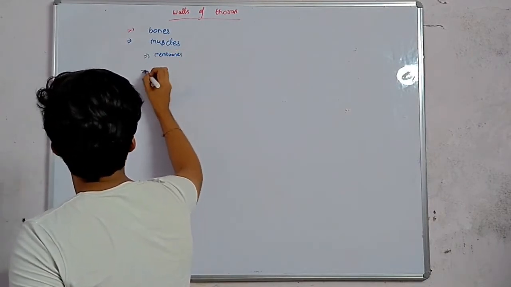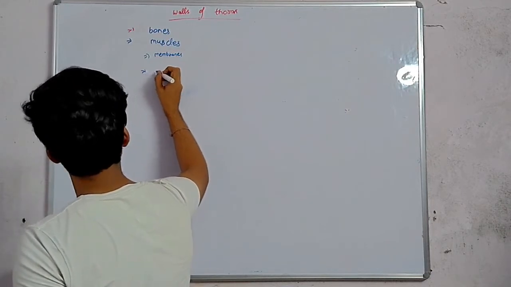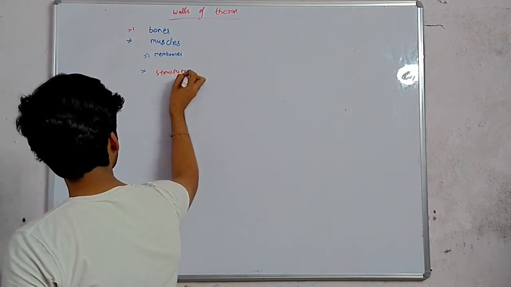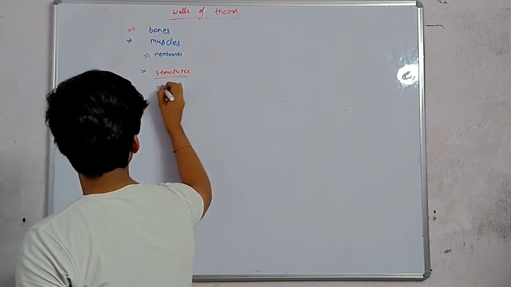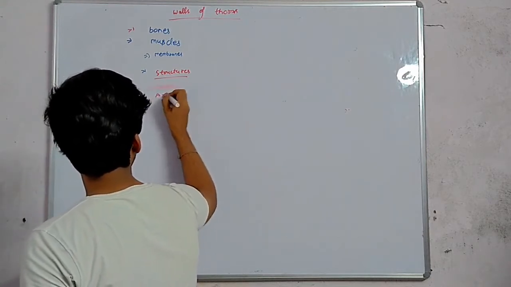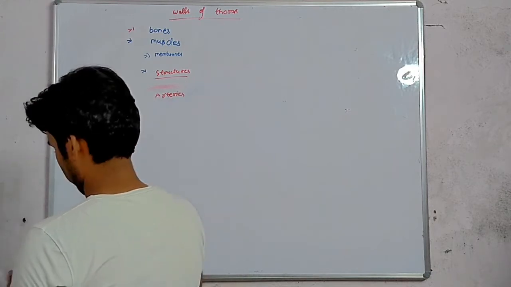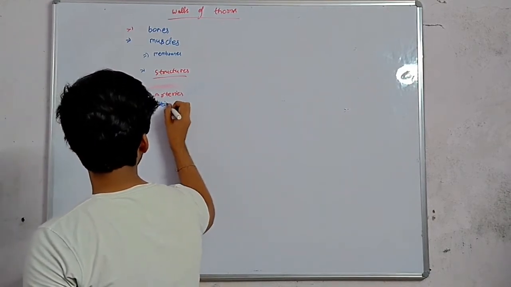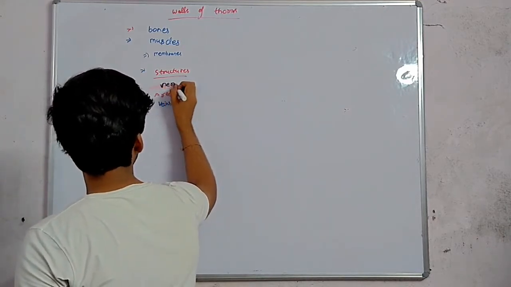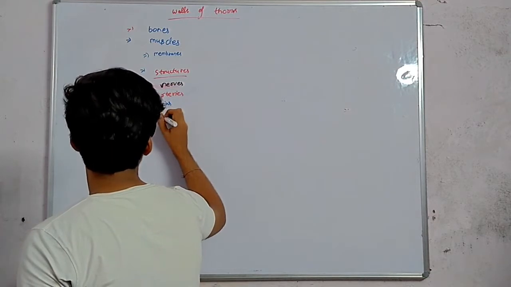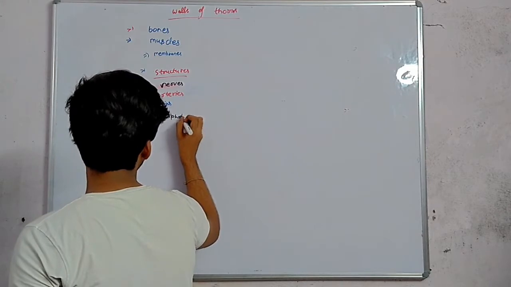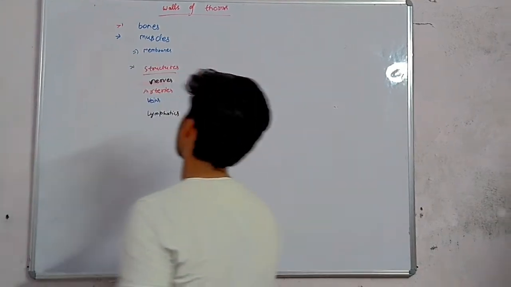Then the walls also contain structures like nerves, arteries, veins, lymph nodes, lymphatic ducts, lymphatics. So these are the main structures.